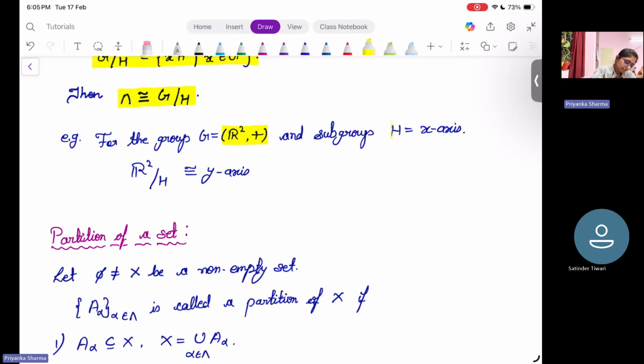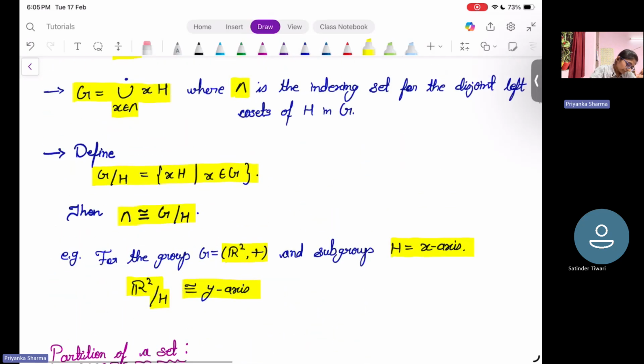And if we consider the subgroup which is the x-axis, then R square over H will be isomorphic to the y-axis. So the index set will be the y-axis.